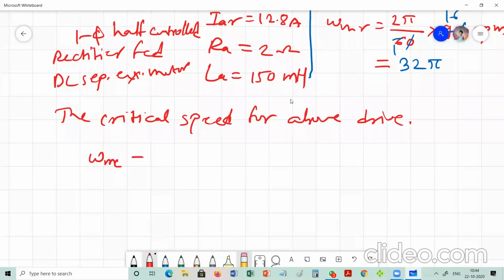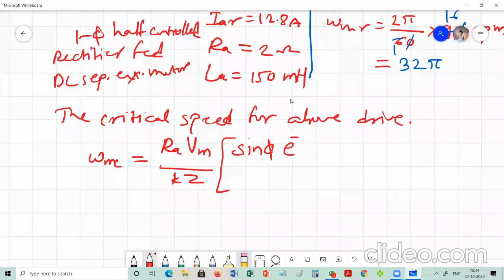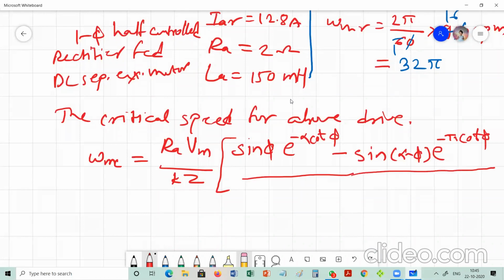Omega MC is equal to RA VM by KZ into sin phi into e raised to minus alpha cot phi minus sin alpha minus phi into e raised to minus pi cot phi, divided by 1 minus e raised to minus pi cot phi. Okay, this is the equation of critical speed.